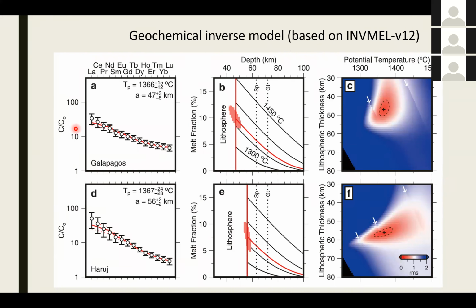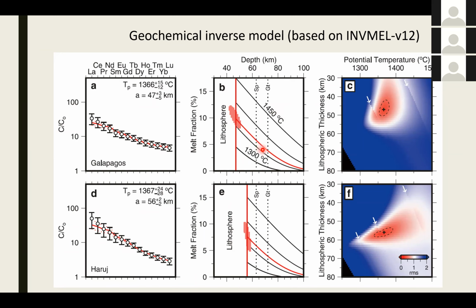So the vertical axis in this figure is the average REE concentrations normalized with respect to the source composition. The value is produced by this model, and melt fraction is plotted as a function of depth.